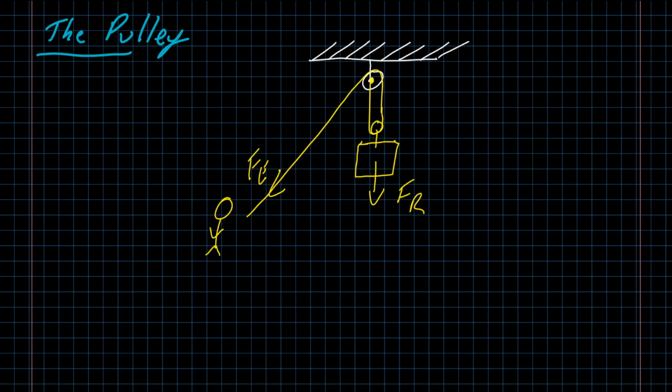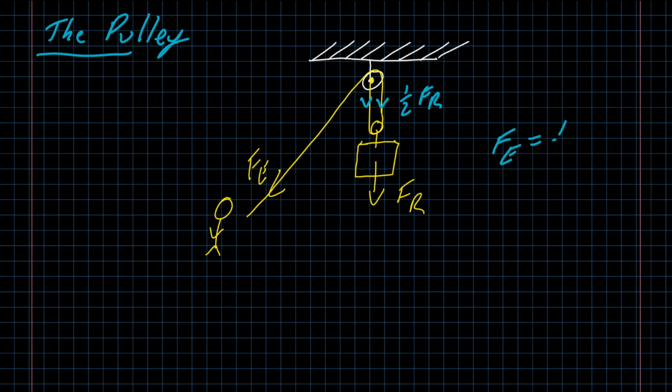And now, the resistive force gets spread evenly across the two strings that are attached downward onto that load, and the force is half of what it might have been otherwise.